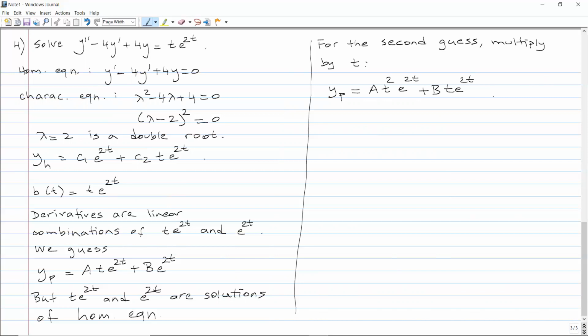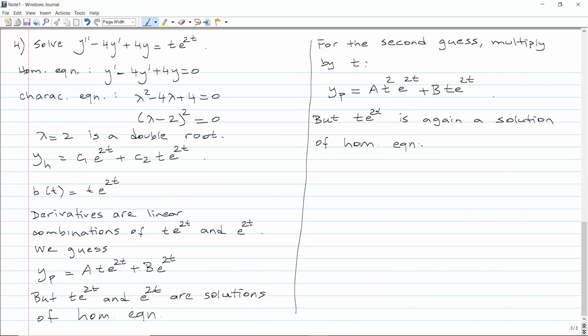But still, we have a problem. The first term is fine, t squared e to the 2t, but t e to the 2t is again a solution of the homogeneous equation.